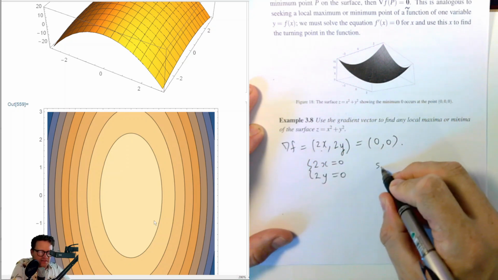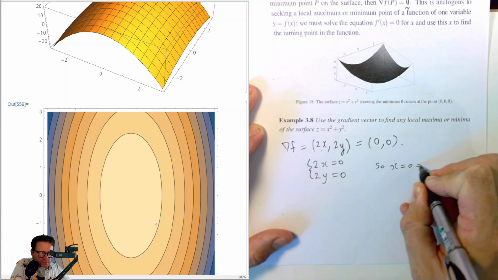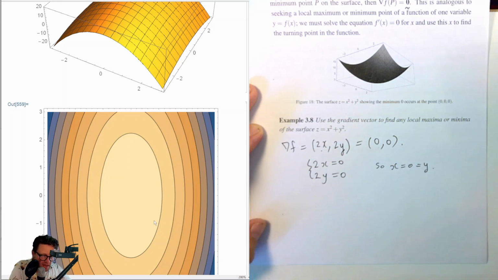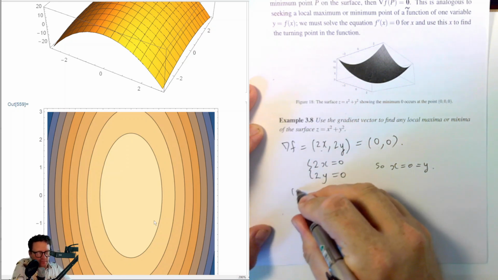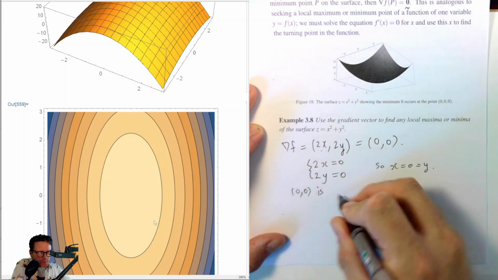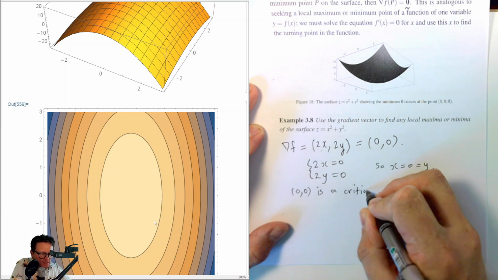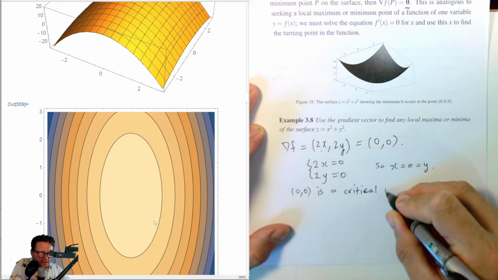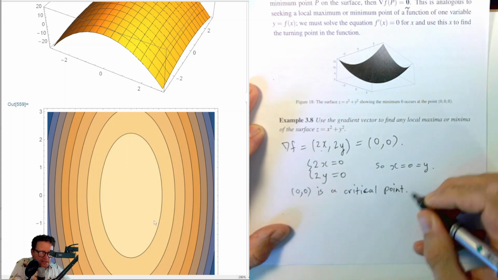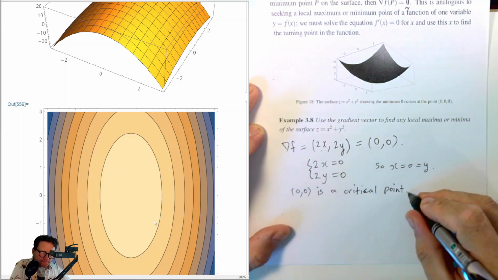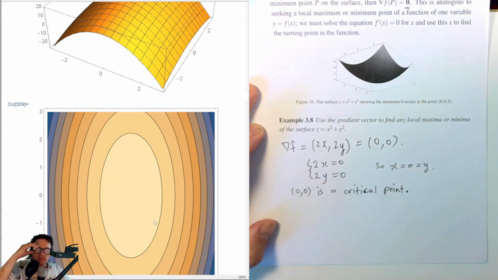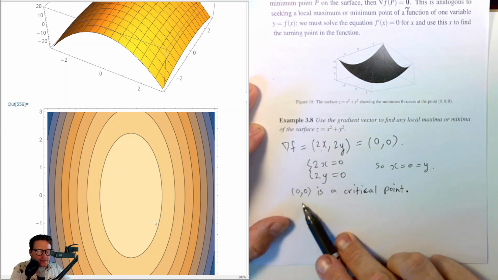So this gives x equal to 0 and y equal to 0. Hence (0, 0) is what we call a critical point. Now this is a vector, this is a point. So the max and min occur here, we just don't know which one yet.